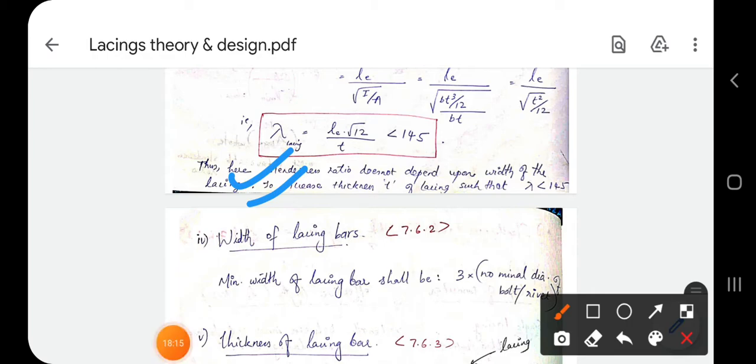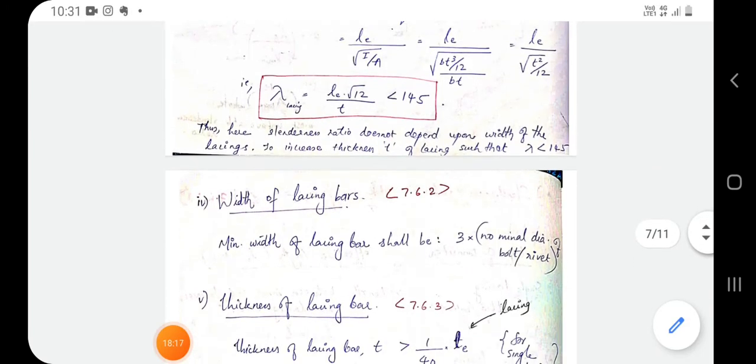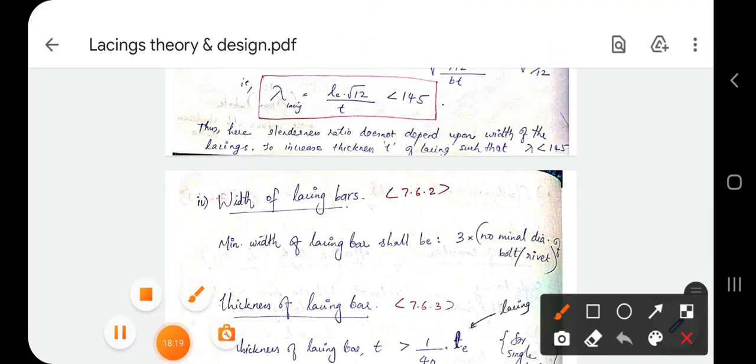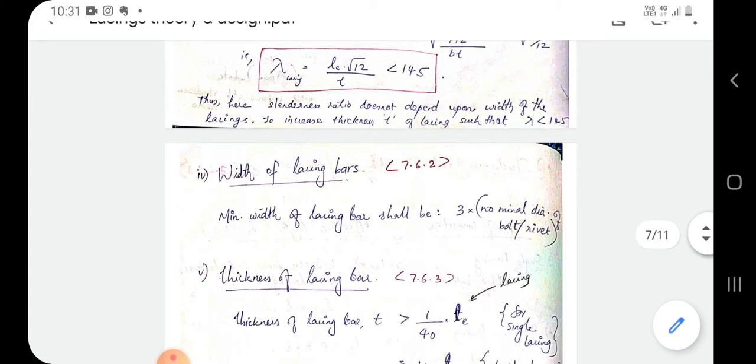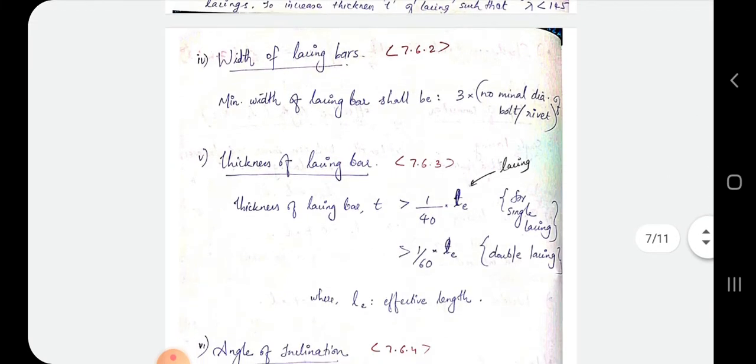We have to substitute the effective length value and the thickness of the lacing bar, and we can find the slenderness ratio of the lacing bar. Next is the width of the lacing bar. Width of the lacing bar should be greater than 3 times the nominal diameter of bolts or rivets.